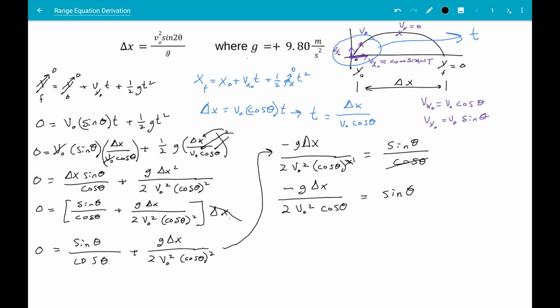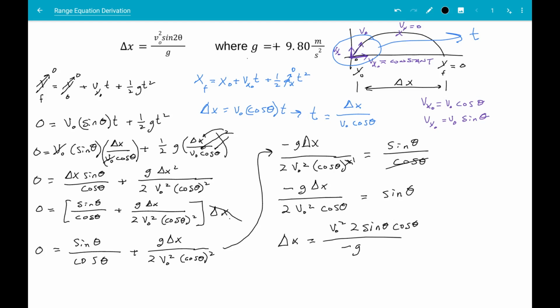This is getting interesting, so let's do it. Delta x equals, all right, we're going to have v naught squared 2 sine theta times cosine theta over negative g.